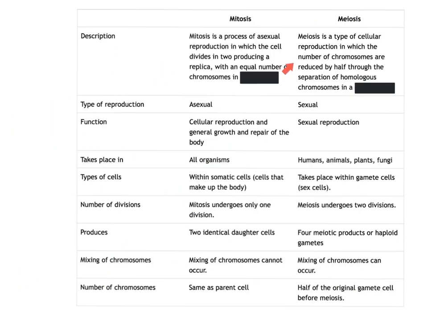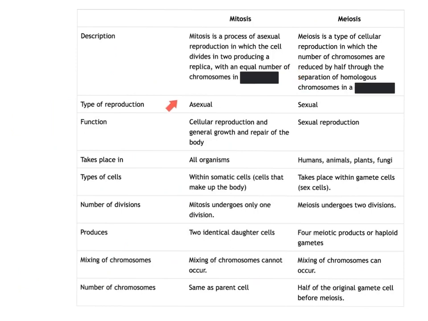Meiosis is cellular reproduction to form gametes, and so the number of chromosomes is reduced in half, and so we have the haploid number of chromosomes, and this allows for when we recombine the gametes during sexual reproduction, then a species would maintain a constant chromosome number.